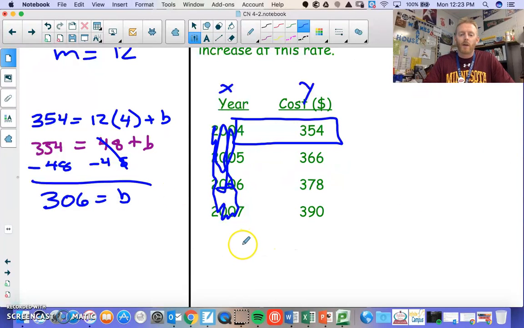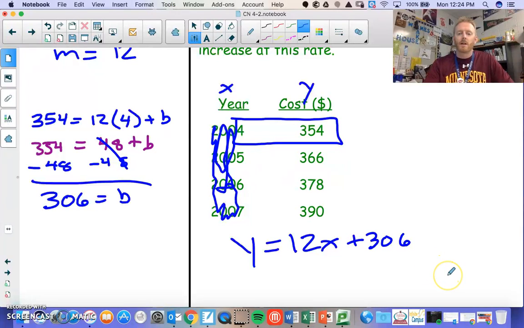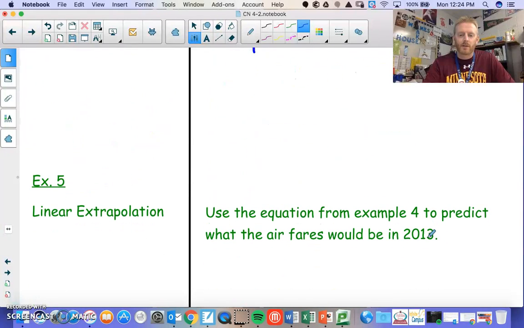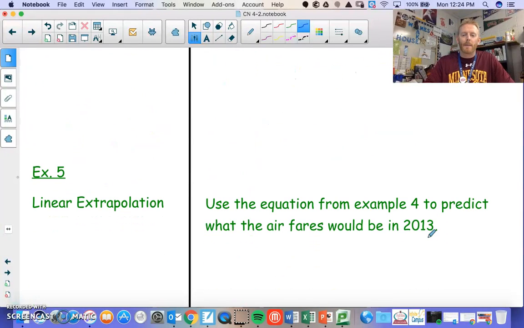So my equation is going to say y is equal to 12x plus 306. So that you can see that the cost is going to increase at $12 per year, and it started at $306.